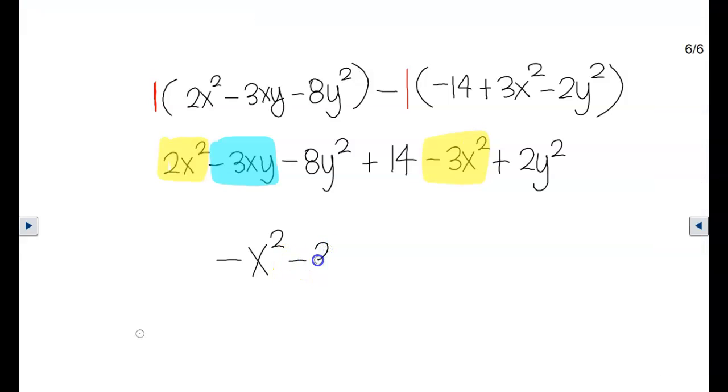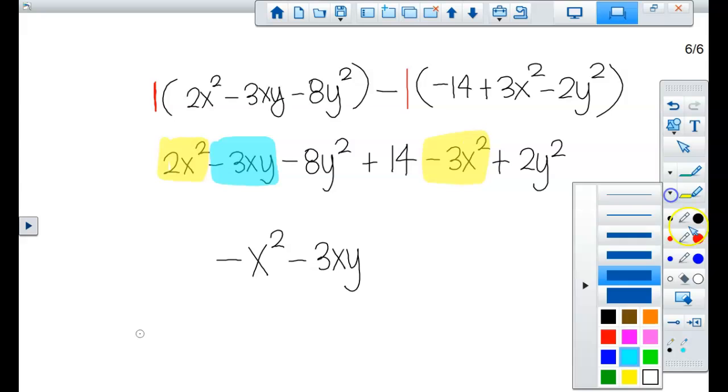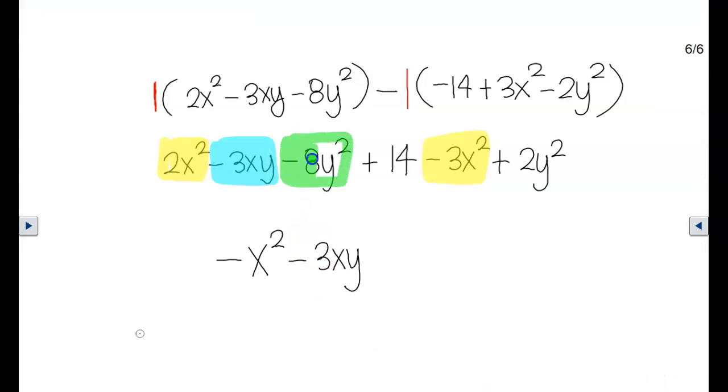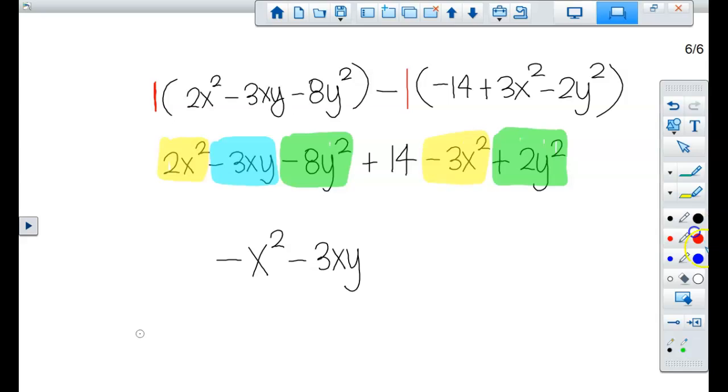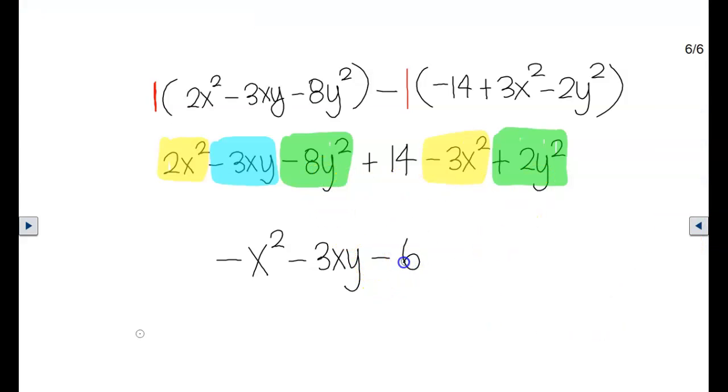So we're going to have minus 3xy in our answer. Then we have a negative 8y squared, which is like a positive 2y squared. Negative 8 plus 2 makes this negative 6y squared.